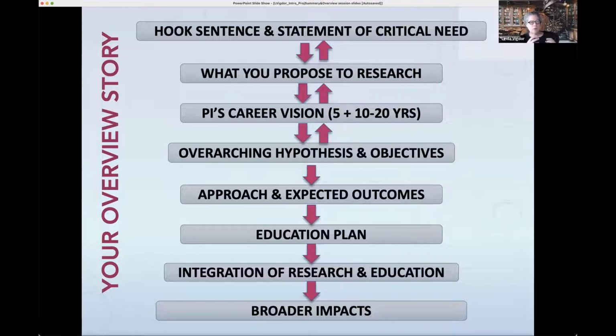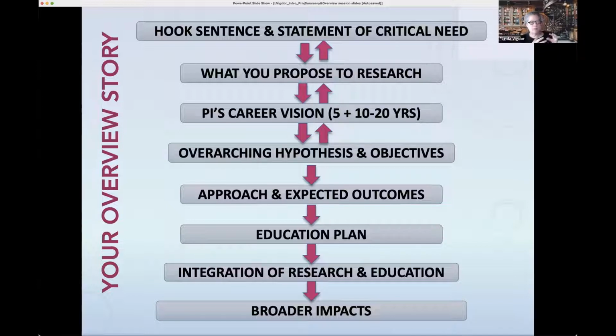You can also include something about your career vision. This is a 5-year proposal, but it is also supposed to be a grounding to support your long-term career in both research and education. So you can talk about what that long-term vision is and how this proposal would help you get there.